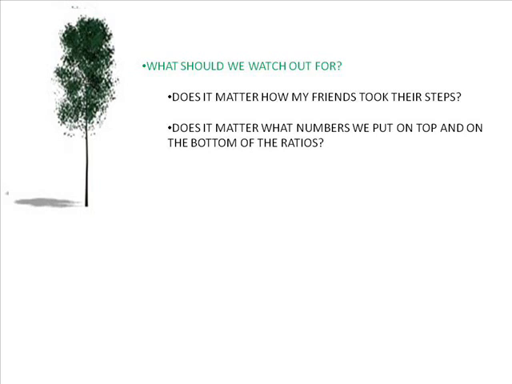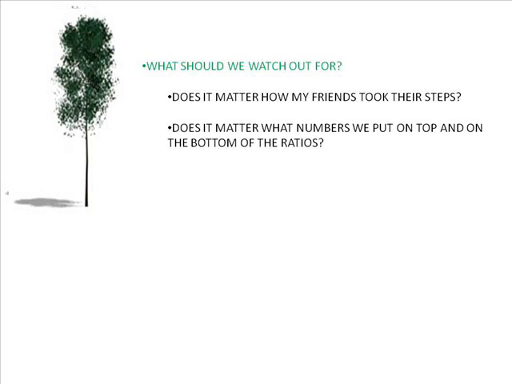And the other thing we need to think about is, does it matter how we set up our proportion? Well, we talked a lot about that last week, but it really does. We have numerators at the top of our proportions, and we have denominators at the bottom. And it's really important that we keep our apples and oranges together, as we say.